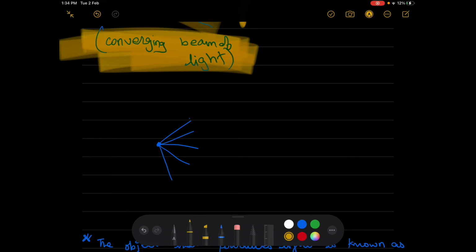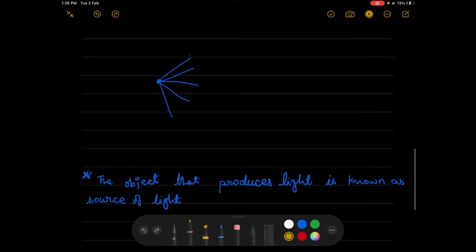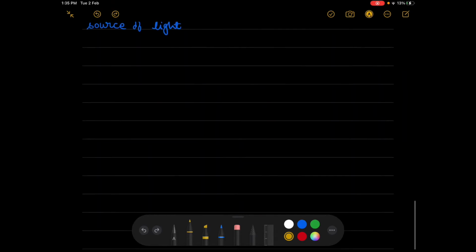Okay, now see here, can you tell me, is it converging or diverging? If I draw arrows here, it would be converging. If I draw arrows here, it would be diverging. So a simple arrow can make a huge difference. Okay, so it's always important to make arrows on the ray of light.